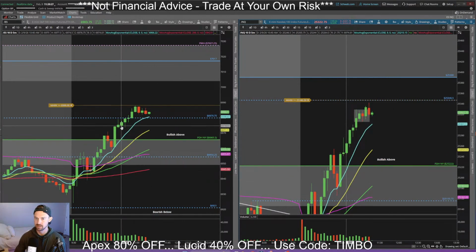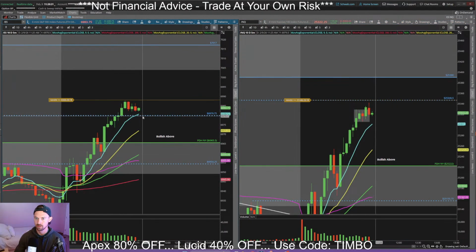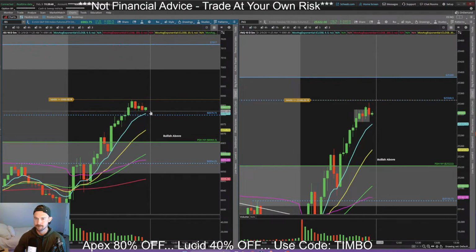I mean, it could definitely still work, but that's why I want ES to kind of test this level for me to take anything on NQ. At least have like a key level to go with it. ES still holding these previous little lows here.